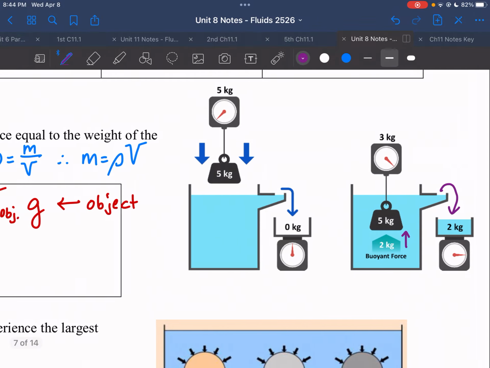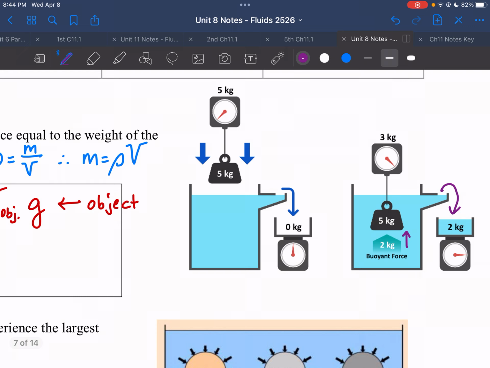If you look at the apparent weight of this object, apparent weight would be essentially like the normal force. The actual weight is 50 newtons. And if you put it in the water, and now this 50 newton weight here is reading as 3 kilograms, that means that 3 times 10, 30 newtons is the apparent weight.